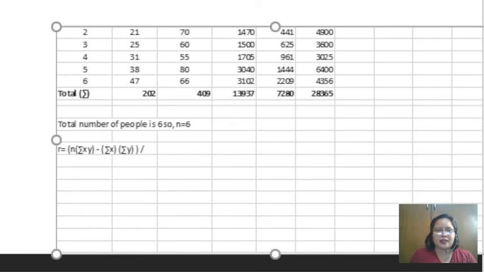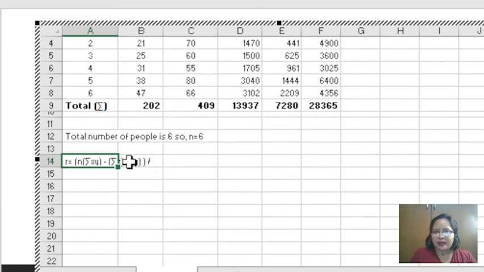Let's check the formula. So it is the square root of, so we have to indicate the square root symbol.